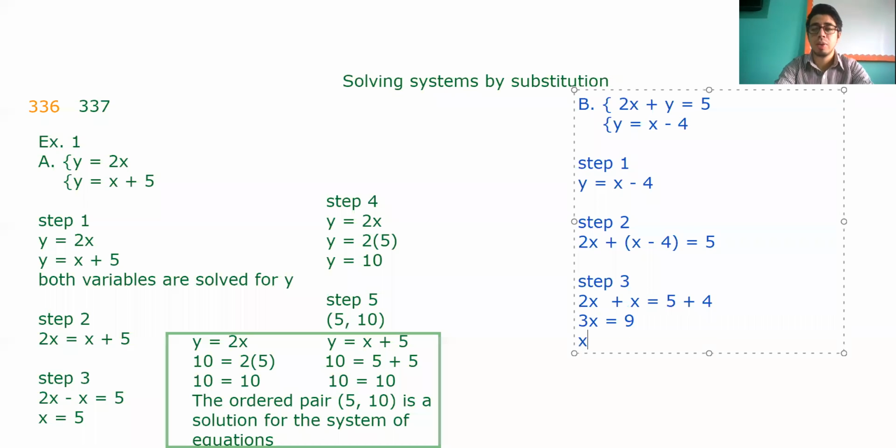So to find the value for the variable x, I pass the 3 that is multiplying to the other side to divide. So 9 divided by 3, x equal 9 divided by 3.